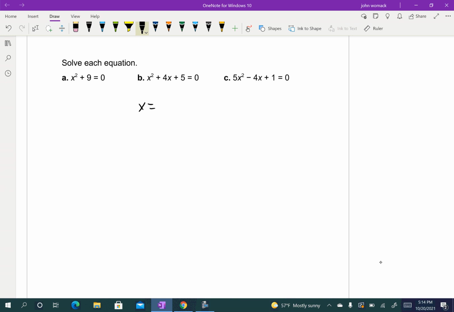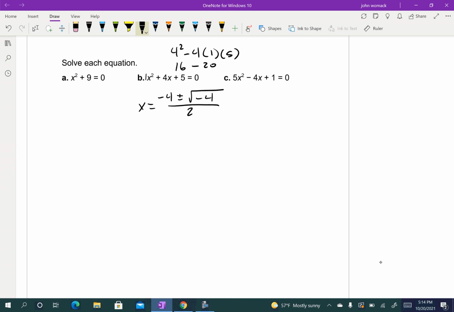So x equals negative b, negative 4, plus or minus the square root of b squared, all over 2 times 1. There's a 1 there. And let's do the b squared, 4 squared, minus 4 times a times c. Well, that ends up being 16 minus 20. 16 minus 20 is a negative 4. That goes inside of there.